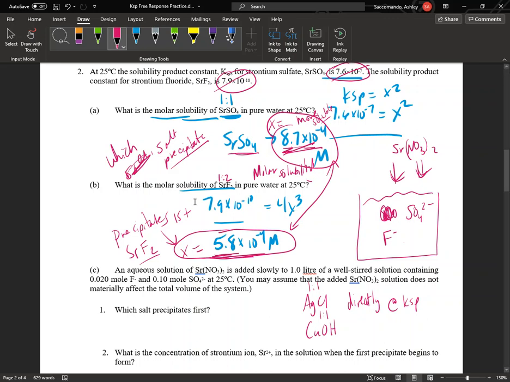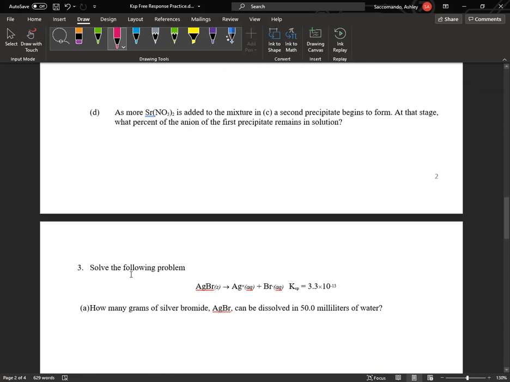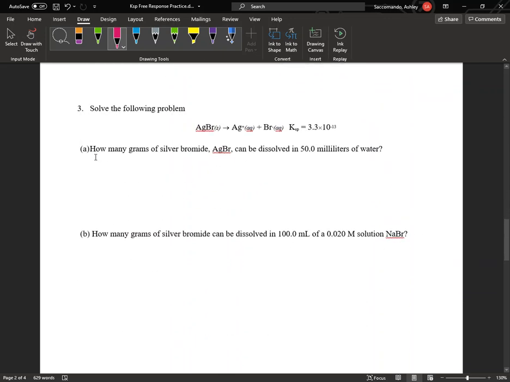So we kind of ran through most of the KSP stuff. As you can see here, grams in 50 milliliters. You would use the KSP in this example to find your molar solubility, and then you would take your molar solubility, which would be in moles per liter, and just convert it to grams per milliliter. That's just the extra step here for this part.